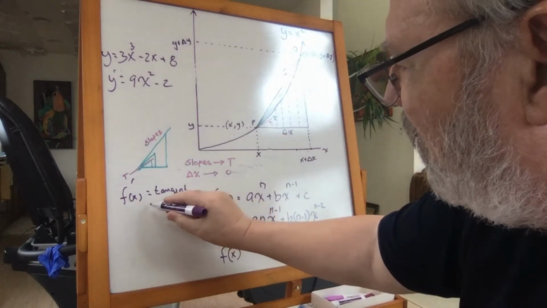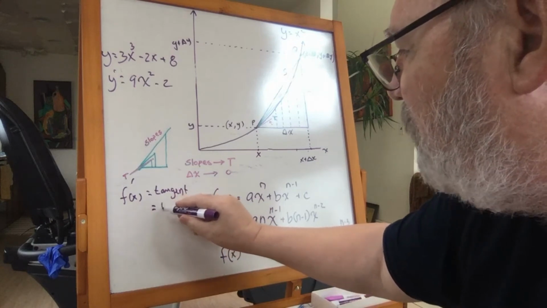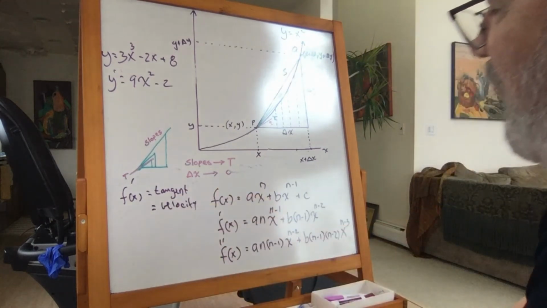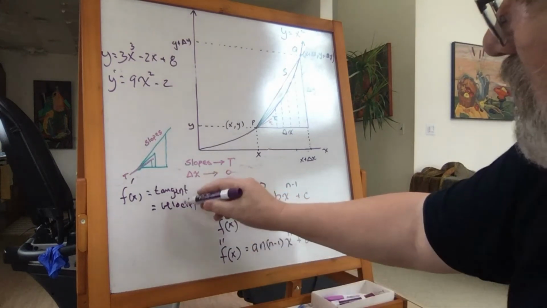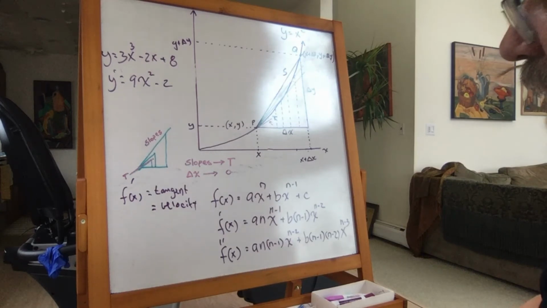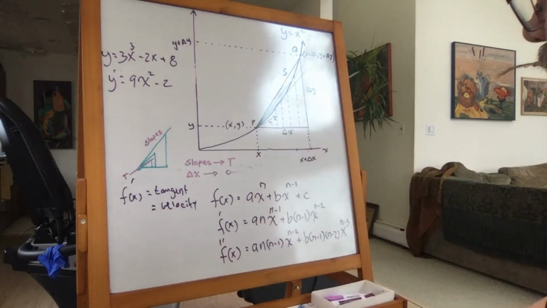So it's also the instantaneous velocity of the curve at a given point. So tangent at a point or velocity at a point are two equal ways of looking at the derivative of a curve at a given point.